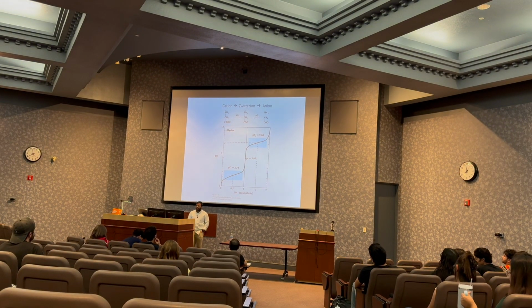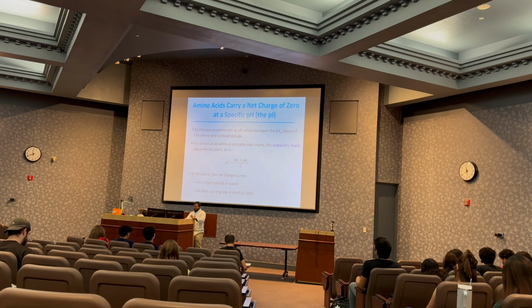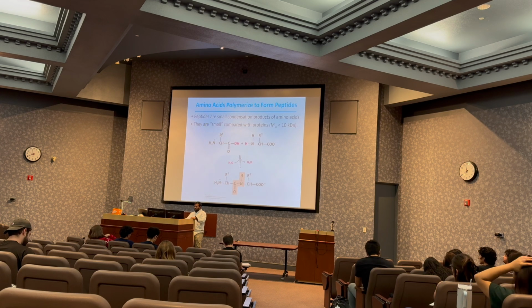So pI here is the average of the two pK values, pK1 plus pK2 divided by 2. If I give you two pK values and ask you to calculate pI, I think you will be able to do that. Okay, cool. Let's go ahead and see the next part.